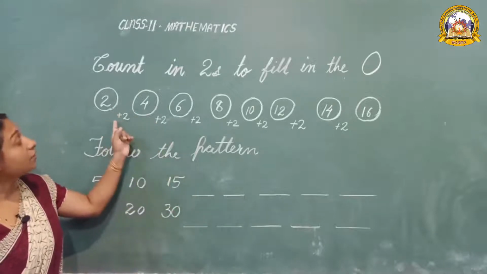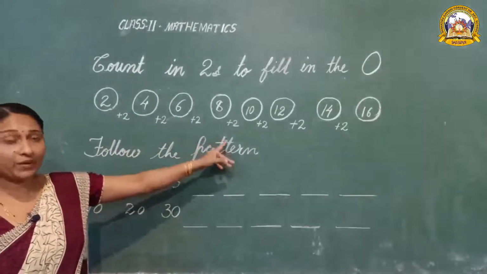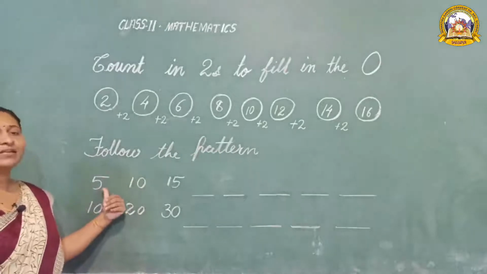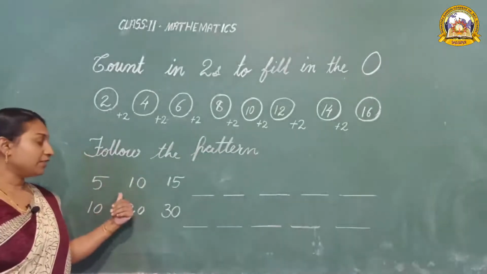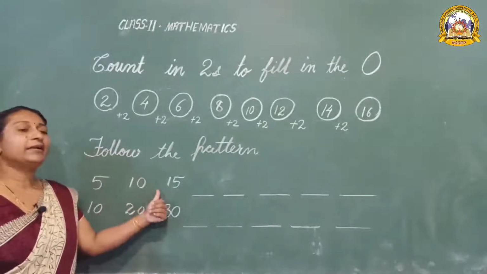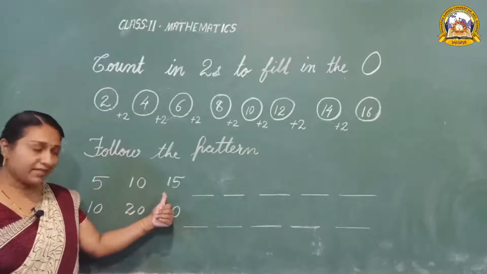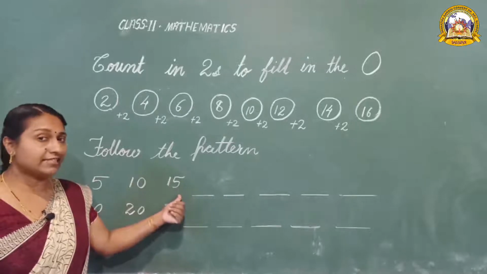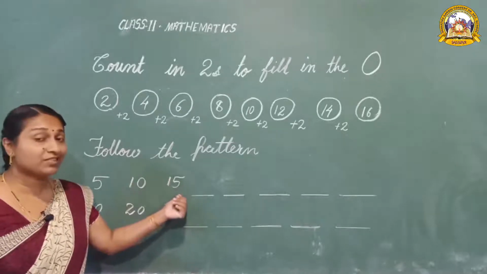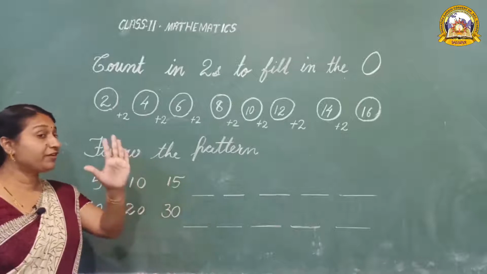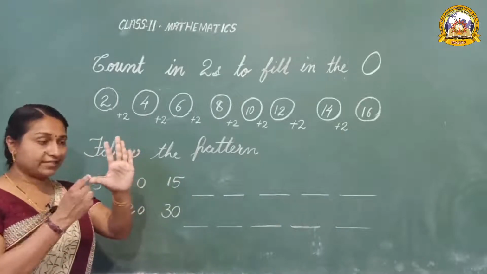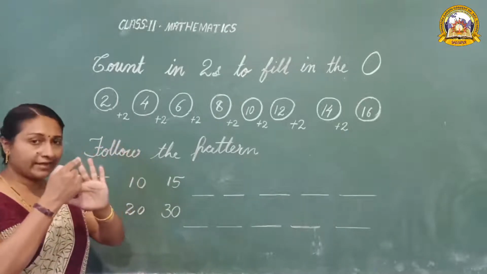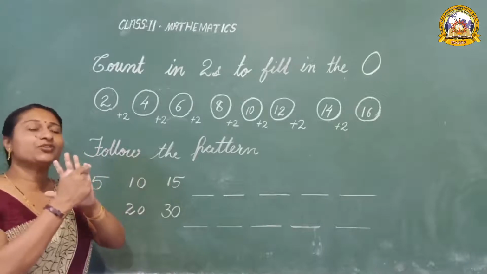Here we have seen plus 2, plus 2, plus 2 like this. Same thing. 5 plus 5 is 10. 10 plus 5 is 15. Then, which is the next number? It is 15 plus 5. After 15, count 16, 17, 18, 19, 20.